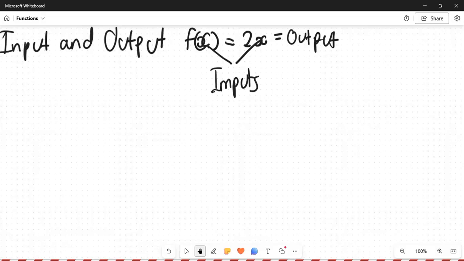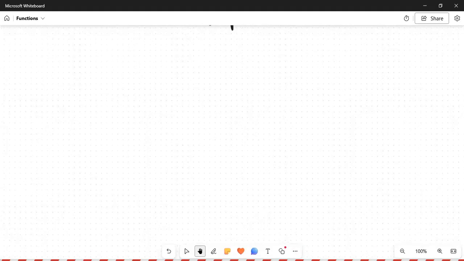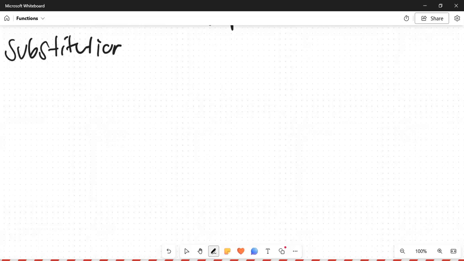Now, there are many ways to solve function questions, and let me start with a very easy one, which is called substitution. I know you've known substitution since 6th grade, some other schools 5th grade, depending on the curriculum.